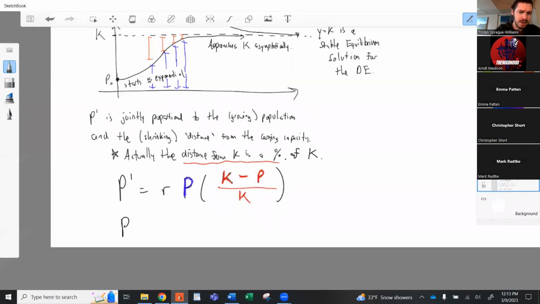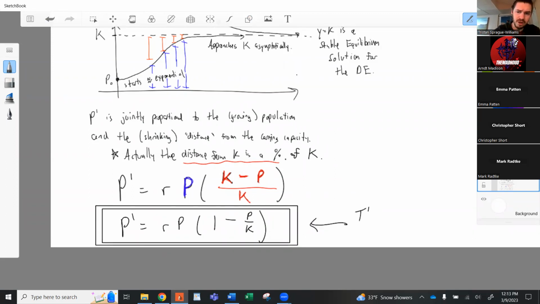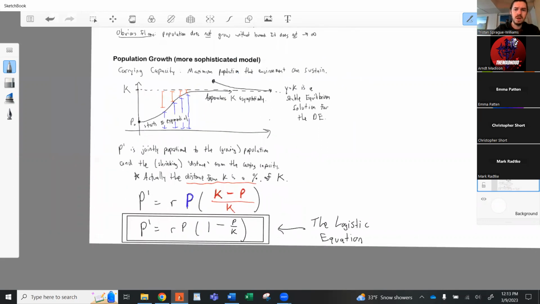If you distribute that division by K, you get the traditional version of this equation. We'll write it just beneath: P prime equals RP times 1 minus P over K. That's how you usually see the logistic equation written, and that is what this is, my friends. This is called the logistic equation. It is a differential equation whose solutions have this carrying capacity built into them.